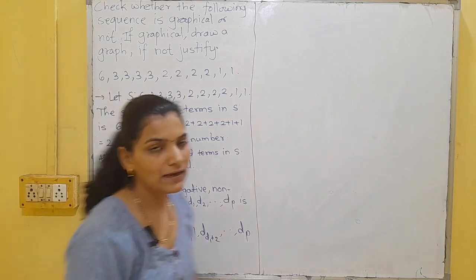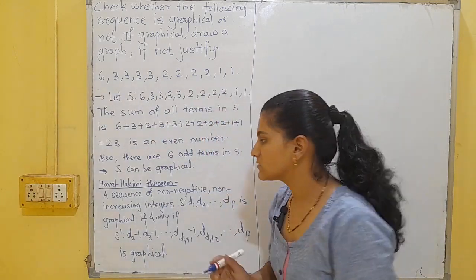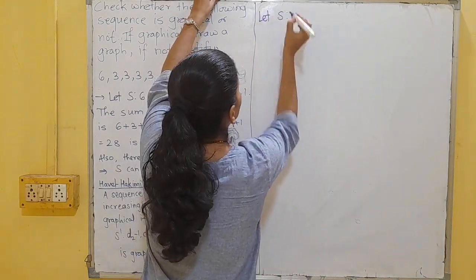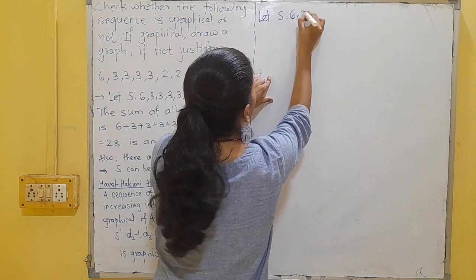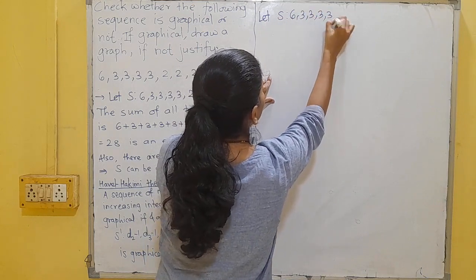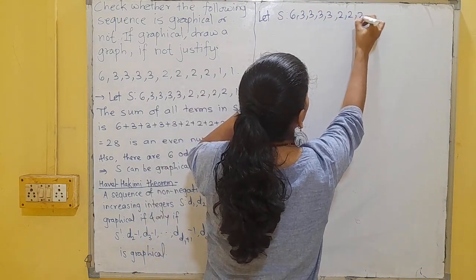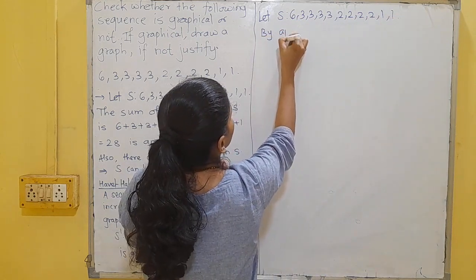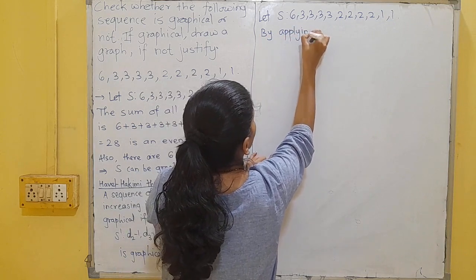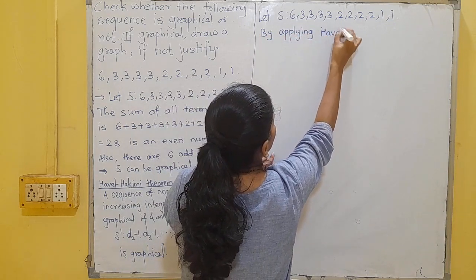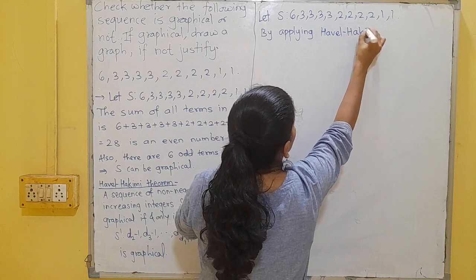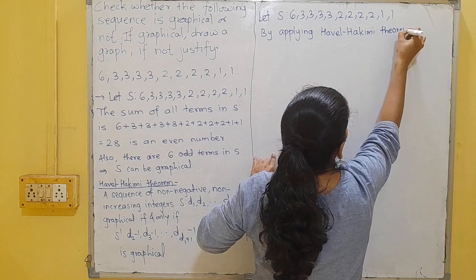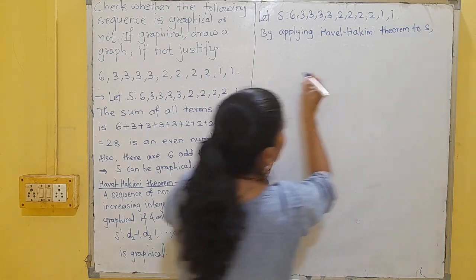So we are going to apply the Havel-Hakimi theorem to the given sequence S. Let S be 6 3 3 3 3 2 2 2 2 1 comma 1. By applying the Havel-Hakimi theorem to S, we get S1.